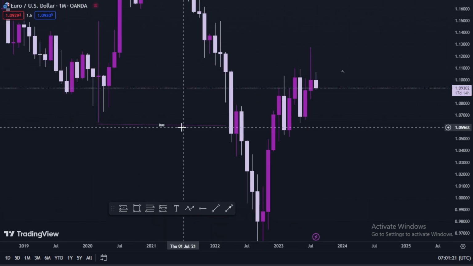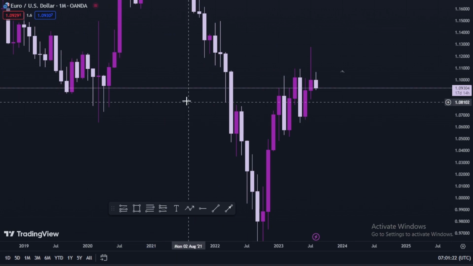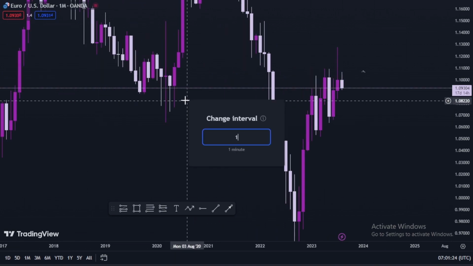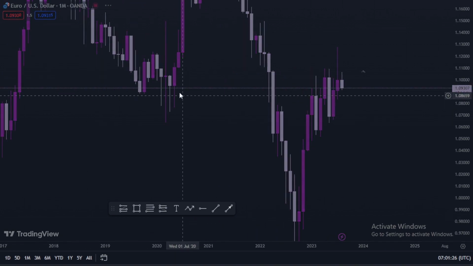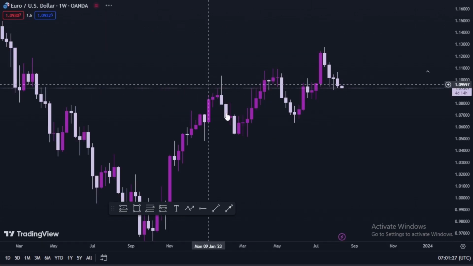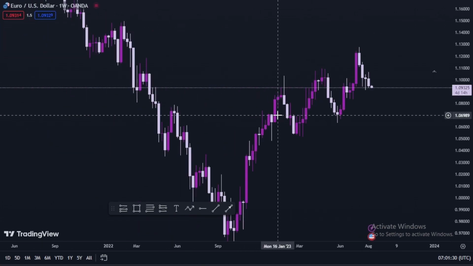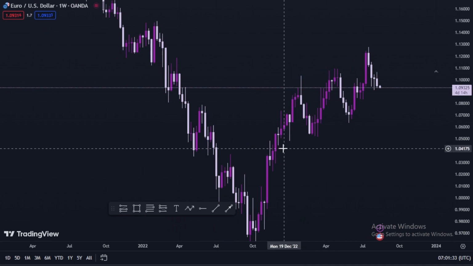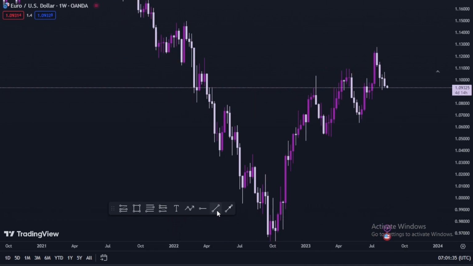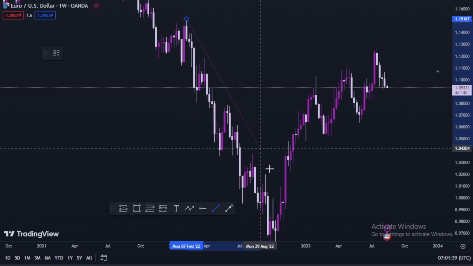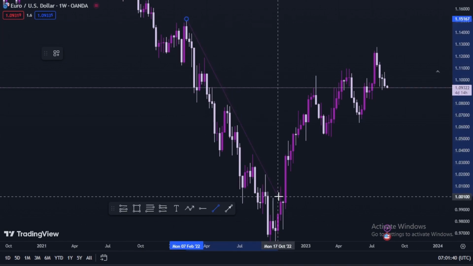We had a lot of rejections from the sellers on the monthly, so let's head down straight to the weekly now. Let's go to the weekly time frame to see what we had last week and what is currently happening this week. So from the expectation of order flow on the weekly, we could see that there is a lot of trendline liquidity on the left side of the market.